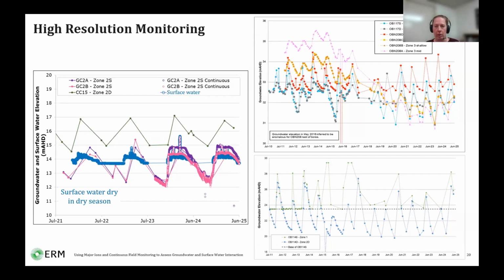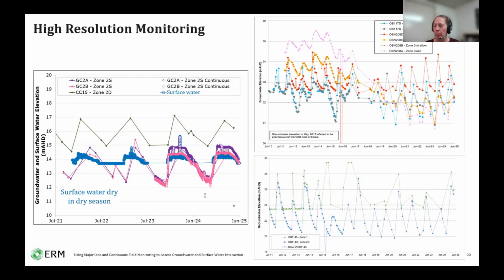So groundwater obviously flows from high elevation to low elevation, or high pressure to low pressure. And in this graph, you can see where the red is crossing over the yellow, for example, and the blue is crossing over the grey, which is indicating a change from either an upwards or a downwards gradient to vice versa. In the graph in the bottom right, the bore in green was shown to be consistently dry at about 23.5 metres AHD, and that's why it looks like a straight line during the dry season.